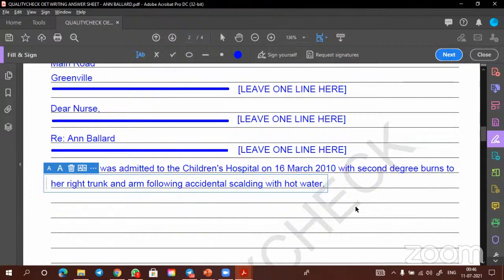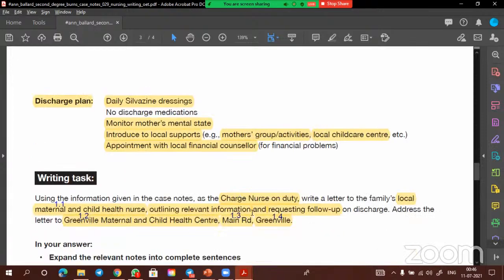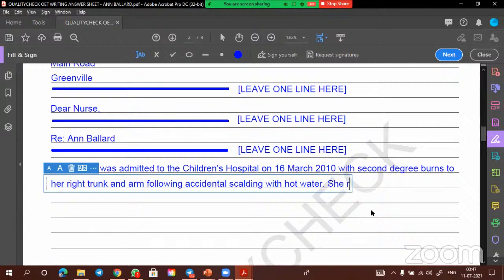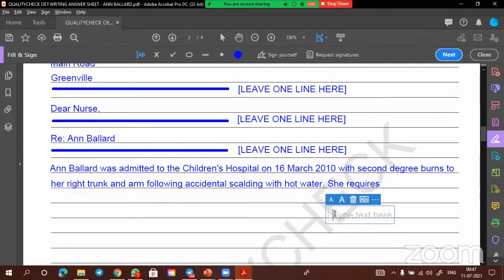Now here, second sentence you can write. So from the last part, this is the purpose of the letter, why you are writing. She requires follow up after discharge.